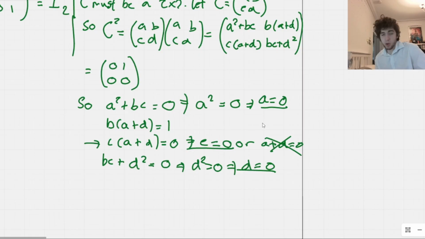So we get that both A and D are 0, but then we arrive at a contradiction again, because the left-hand side here becomes B times 0 plus 0, which is just 0, which is not 1. So no matter what, we're never going to have all of these criteria satisfied at once.